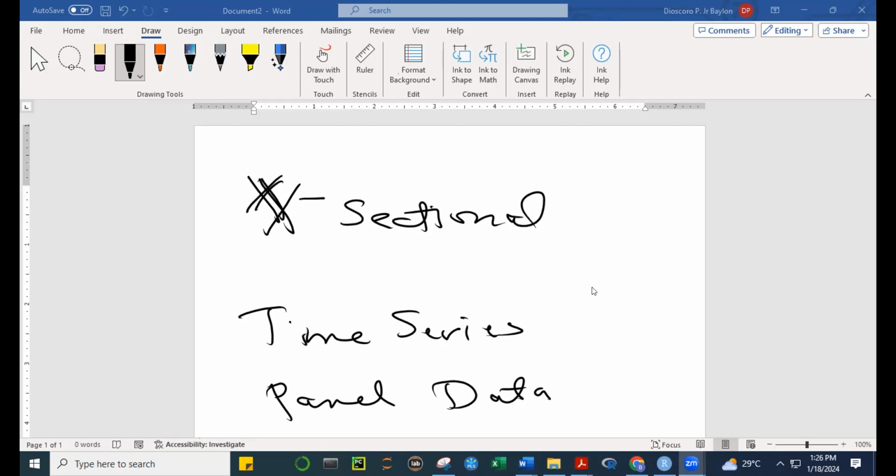Okay, that's correct. So pag cross-sectional data, class, if you take a look at the unit being considered, the number of units, as far as the number of units or individuals, you have several.